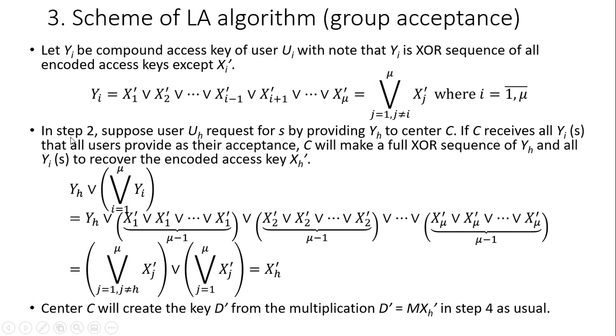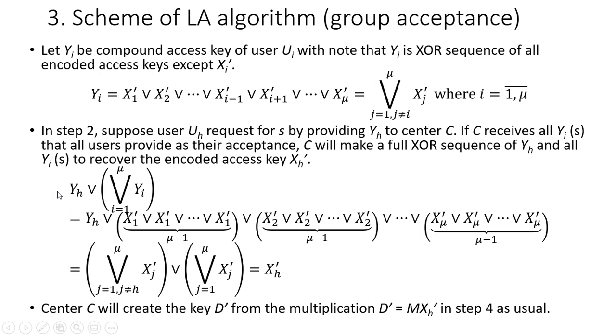Suppose user Us requests for S by providing Ys to center C. If center C receives Yi, that is, users provide their acceptance, C will make a full source sequence of Ys and Yi to recover the encoded access key Ss.